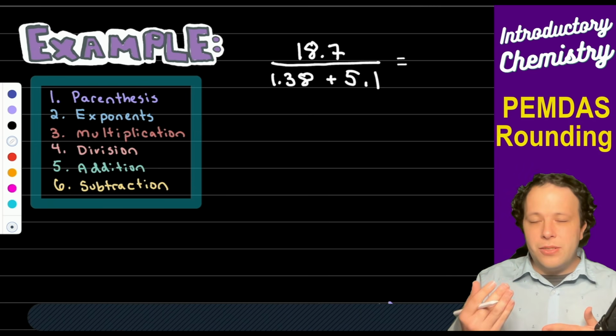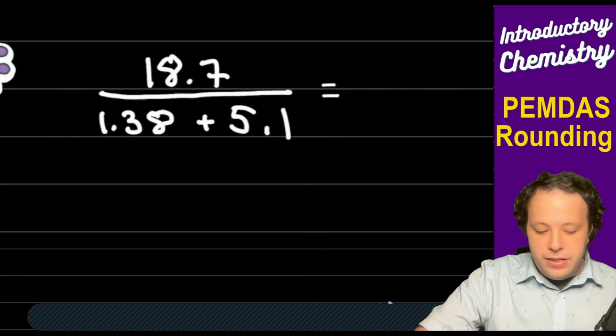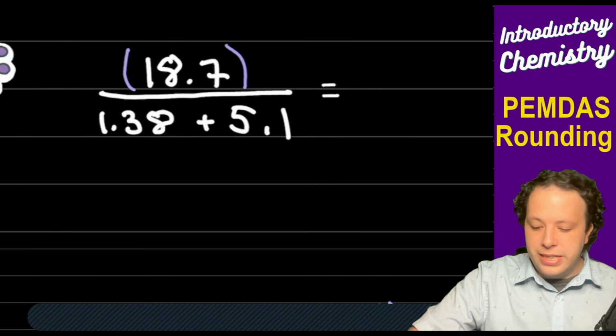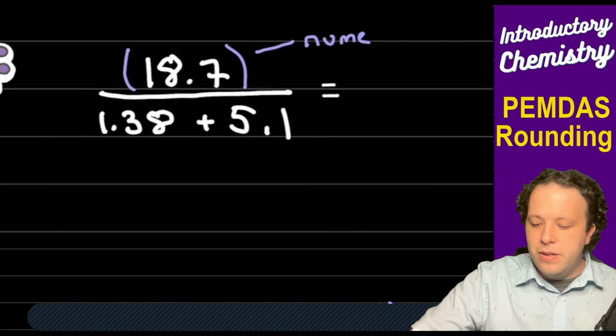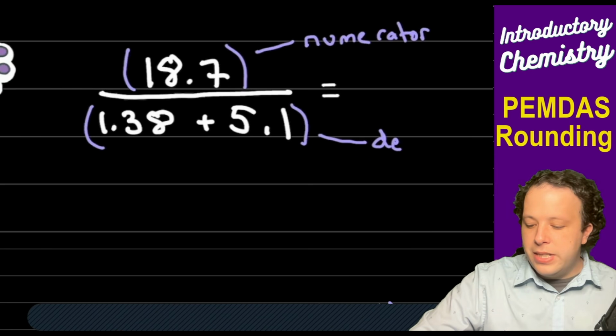The key is whenever you see fractions, the first thing I would always recommend to do is assume the following. We have two parts of a fraction, and we'll have a video on fractions later, but you have your numerator, which is on top, and then your denominator, which is on bottom. What I always like to do for myself is assume that these are always both in parentheses.